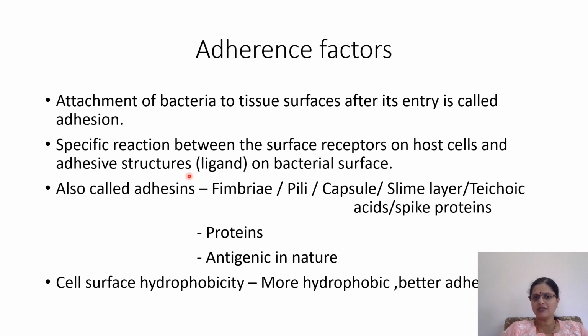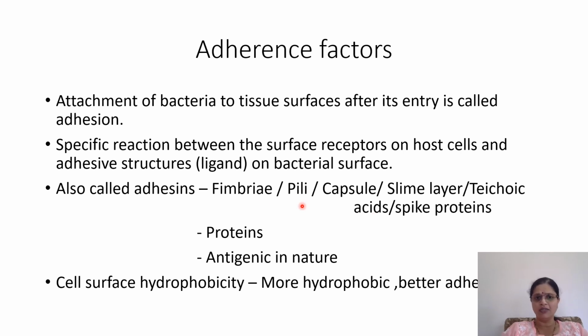Now for this attachment to take place, as I said, there must be some adhesive structures present on the pathogen surface. So what are these adhesive structures? They are usually called adhesins, and the usual adhesins that we have studied till now are fimbriae, pili, capsule, slime layer, teichoic acid. All these structures you have studied in detail in your first semester itself, when you studied the external structure of the bacterial cell wall.